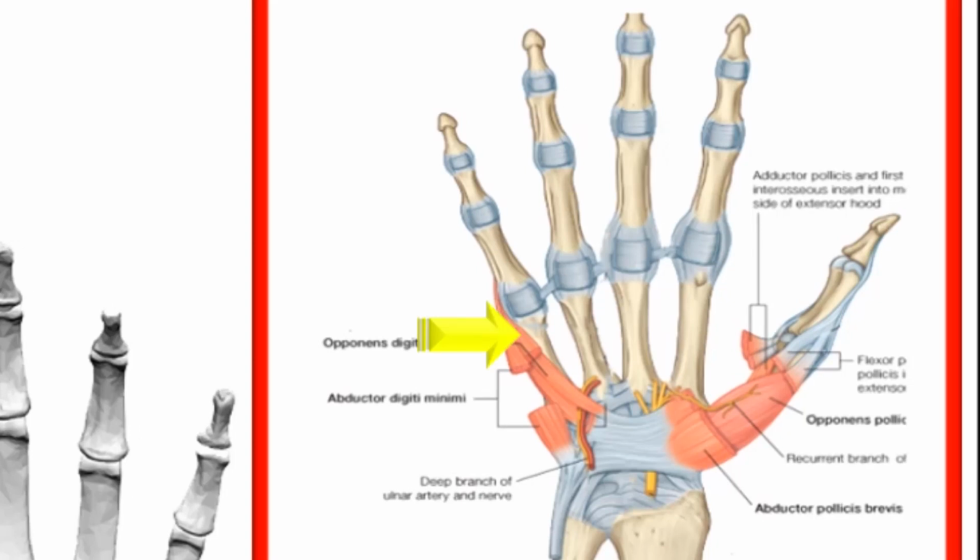Its origin is from the hook of hamate and the adjacent flexor retinaculum, and then insertion is also with the abductor digiti minimi muscle, and this is into the medial side of the base of the proximal phalanx of the little finger. The action is flexion of the little finger at the metacarpophalangeal joint.